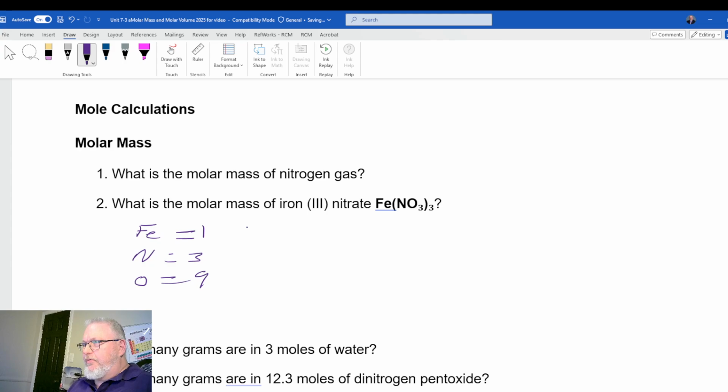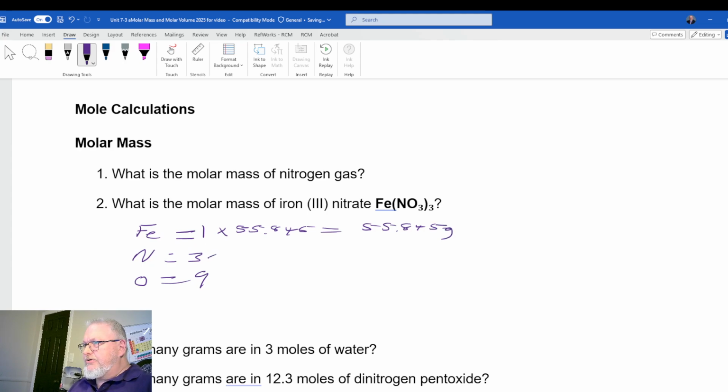So how do I do the molar mass? Well, I look at my periodic table and I see that 1 atom of iron has a mass of 55.845 grams. So I'm going to write that in there, 55.845 times 1, that's going to be 55.845 grams.